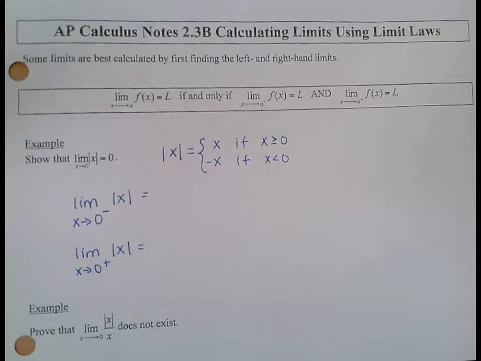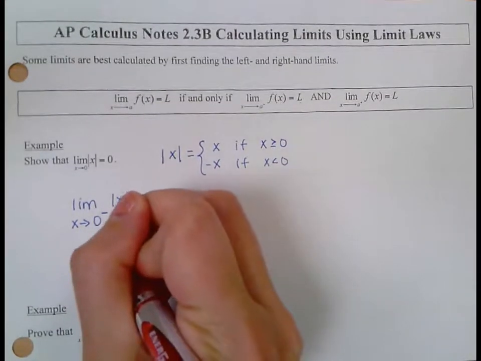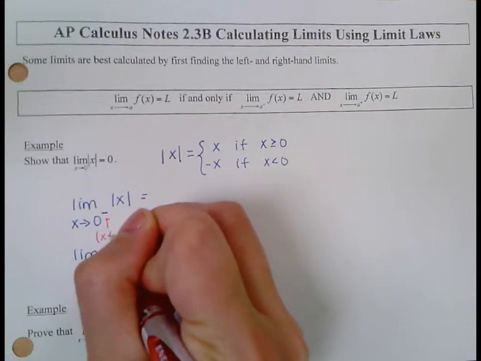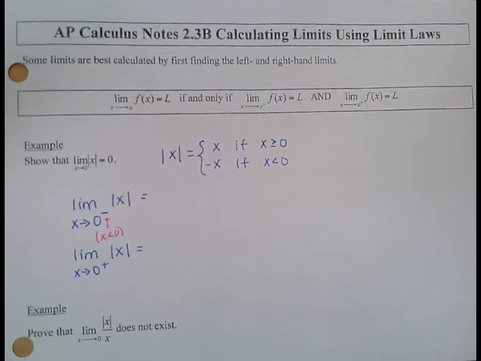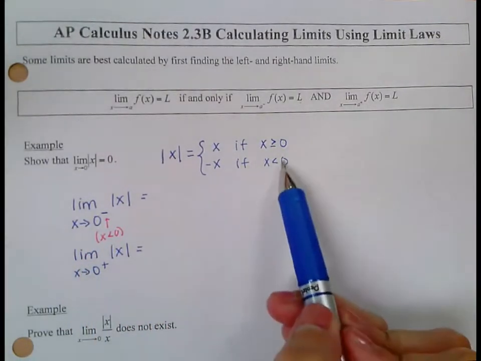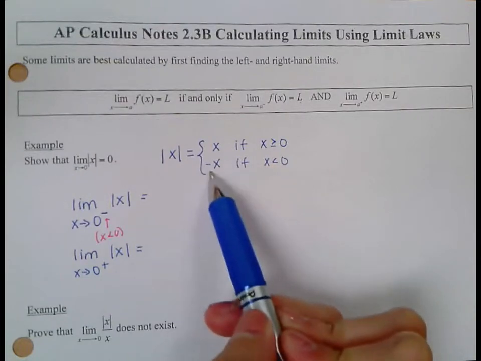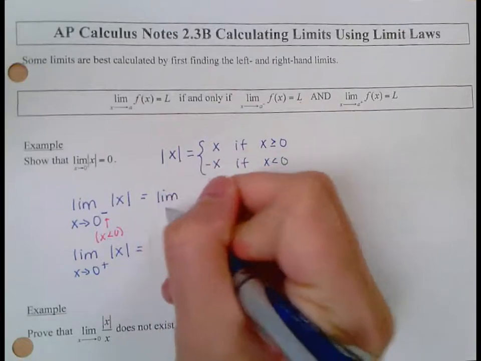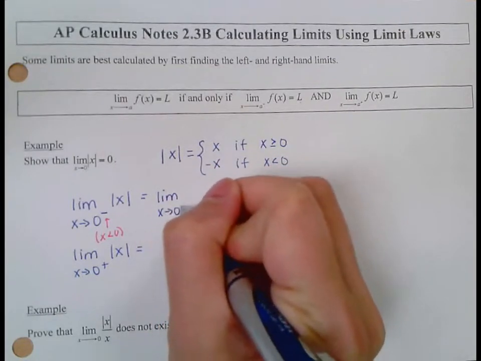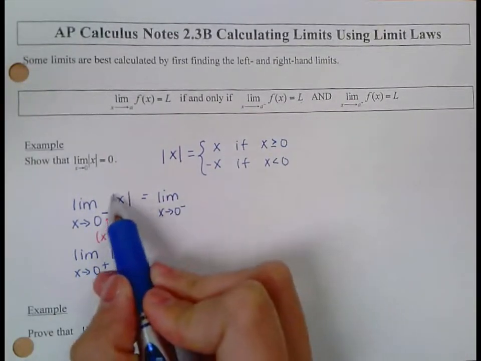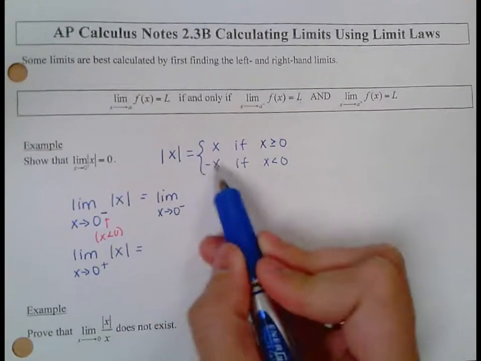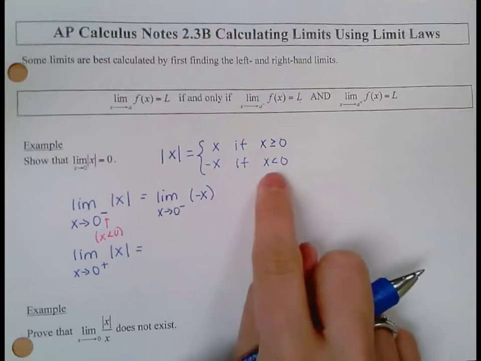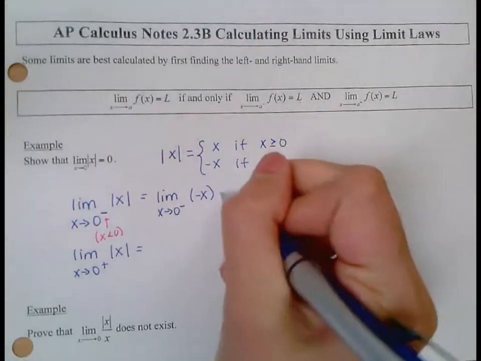So again, if we are approaching 0 from the left, we are approaching from values of x that are less than 0. So that would be using the expression negative x. So I can rewrite this and say this limit is really equal to the limit as x approaches 0 from the left of, instead of writing the absolute value of x, negative x, because that's the expression to use for those x values.